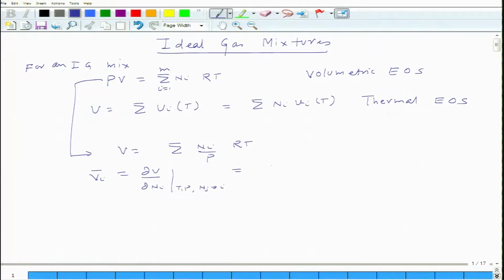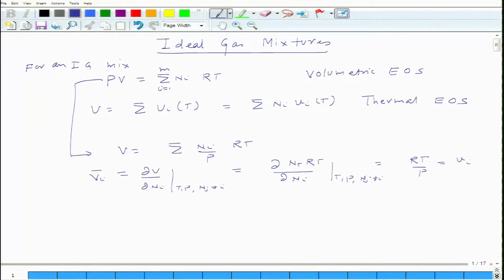So, if you do this exercise, I can write this V as Nt, the total number of moles, multiplied by RT by P, and this is going to be simply RT by P. Now, this is nothing but the molar volume of a component i occupying the same volume. So, this is nothing but the pure component molar volume, which occupies the same volume having moles Ni.